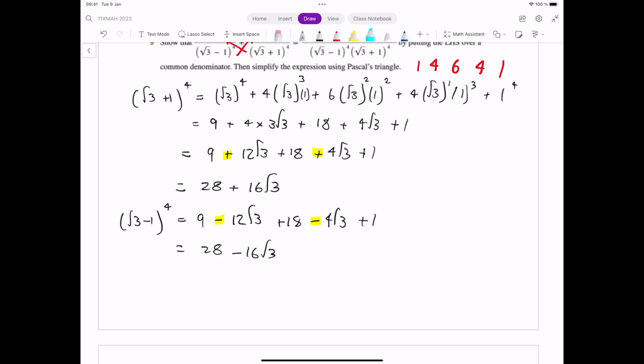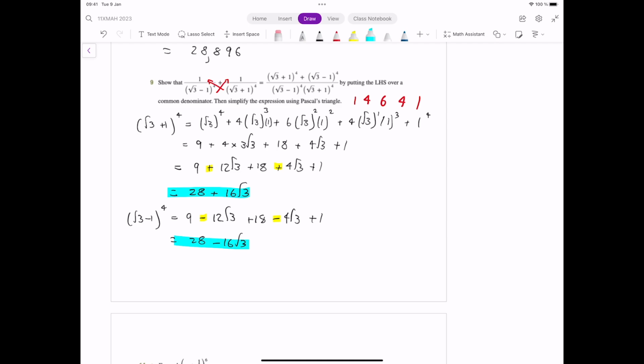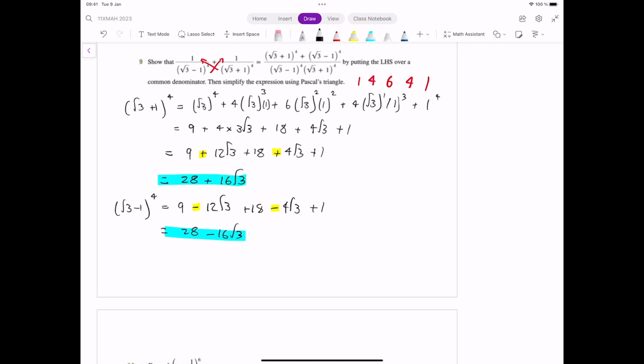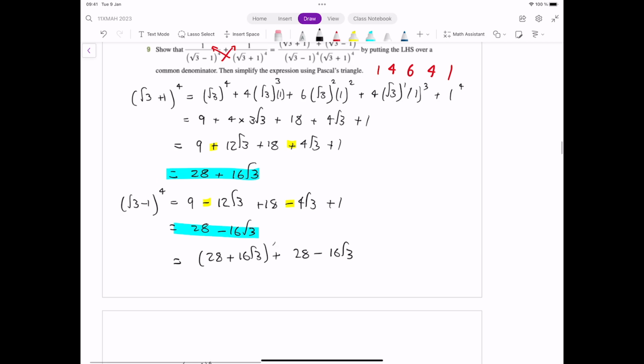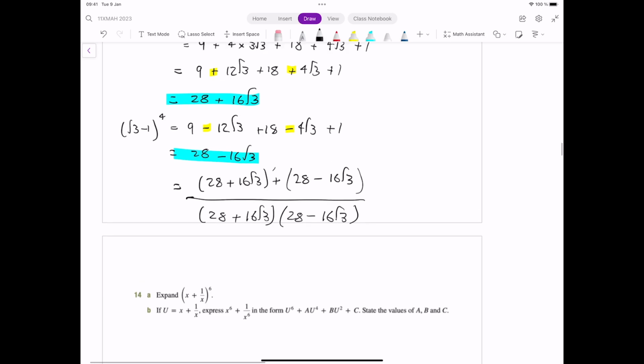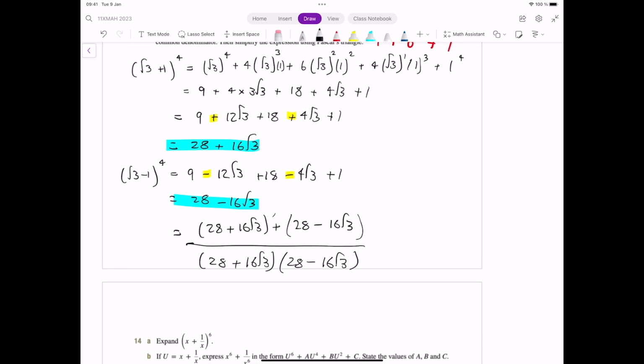Okay, so I've got two expressions now. So let's apply that to our formula. So this is going to be 28 plus 16 root 3 plus 28 minus 16 root 3, all over (28 plus 16 root 3)(28 minus 16 root 3). Okay, now this is what we call a difference of two squares on the bottom.